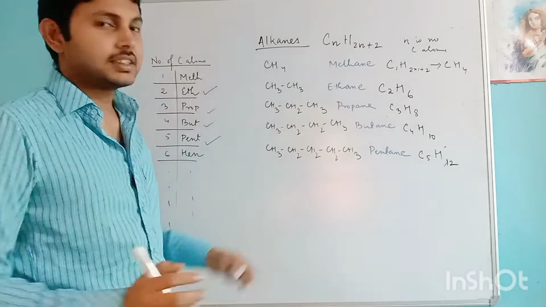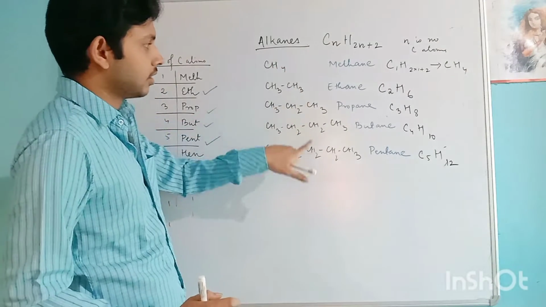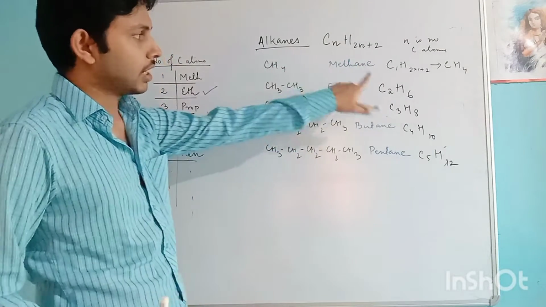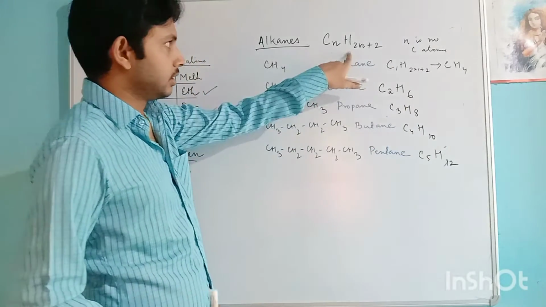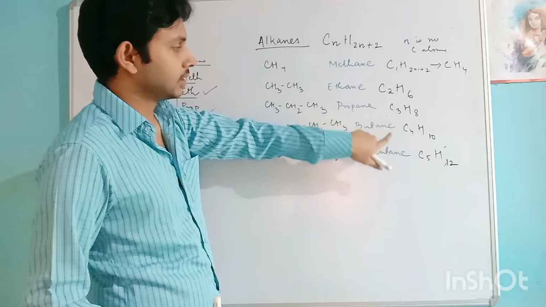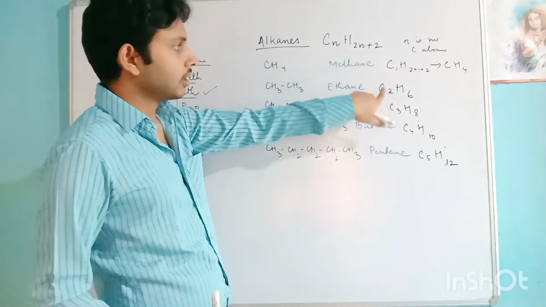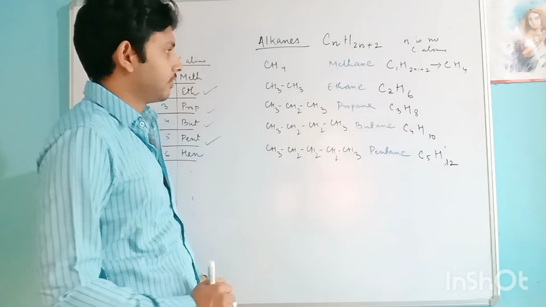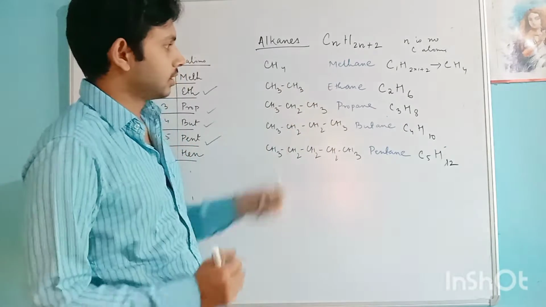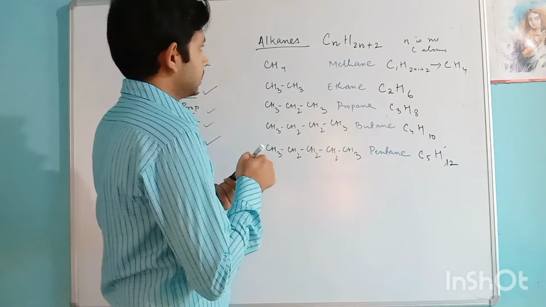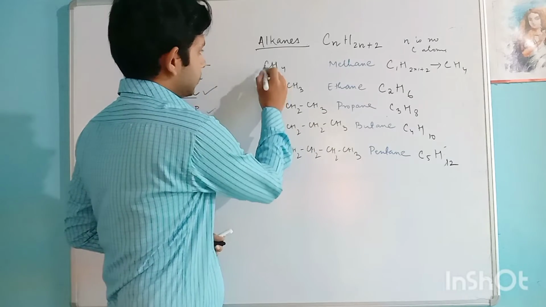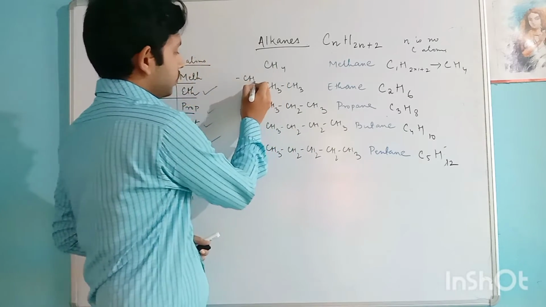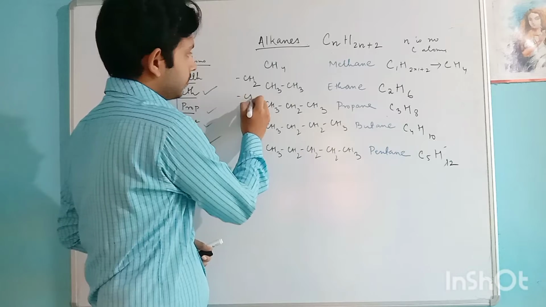So let's start. If you see all the molecular formulas, there is something you can notice: all the successive members differ from each other by a CH2 group. These two differ by a CH2 group.